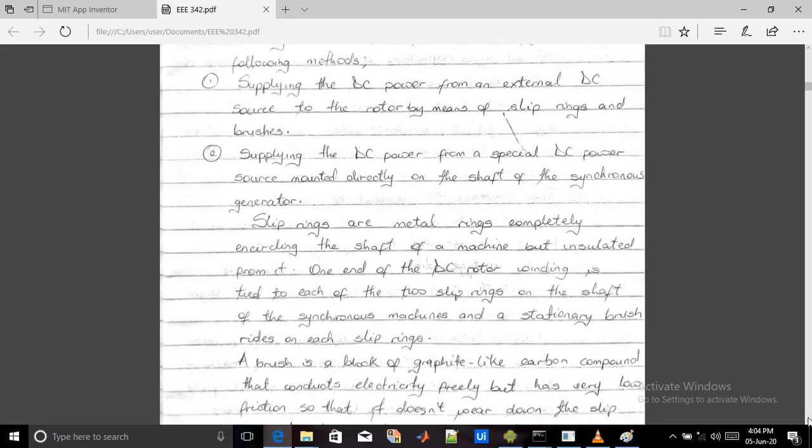This can be done in two ways. One, supplying the DC power from an external DC source to the rotor by means of slip rings and brushes. So now we are going to explain that.